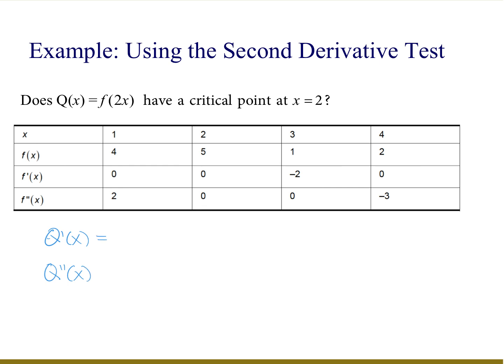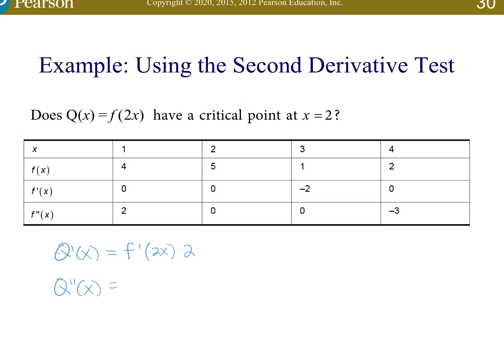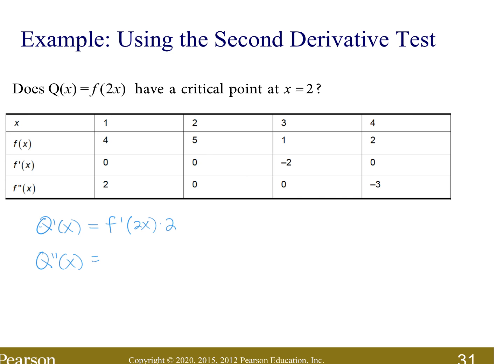So q prime of x equals f of 2x means I apply the chain rule. So I'll be working on the outside multiplied by the derivative of the inside. So f prime on the outside of 2x times 2. When I want the second derivative, I'll be using the product rule.